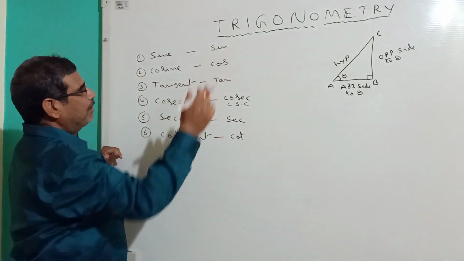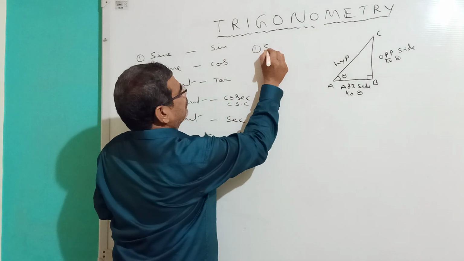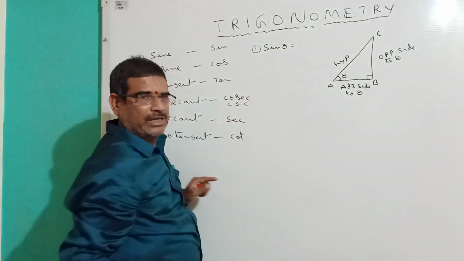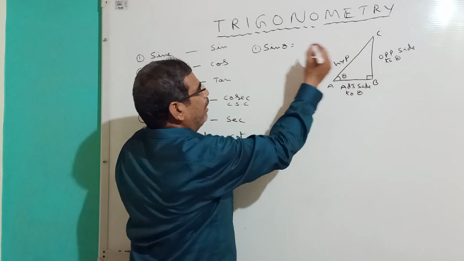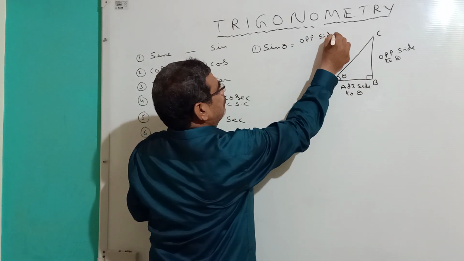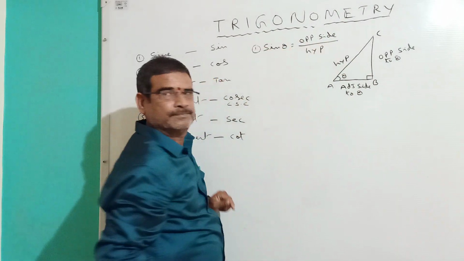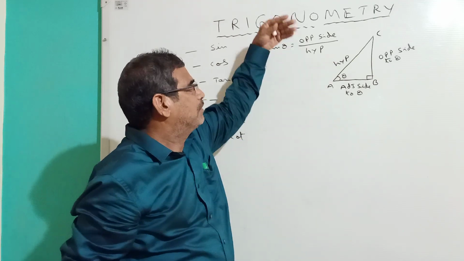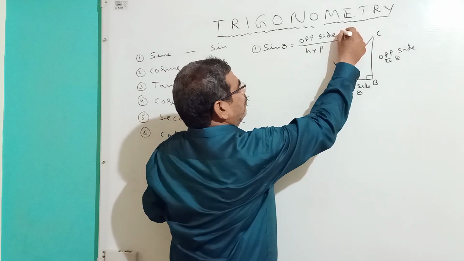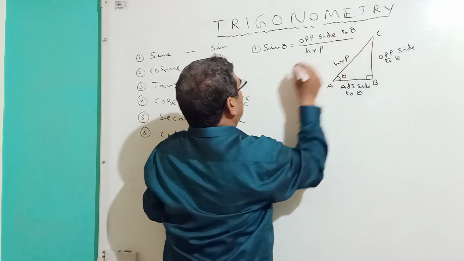So first I am telling about sin theta. Here the angle is theta. Sin theta is the ratio of opposite side by hypotenuse. Sin theta is the opposite side to theta by hypotenuse.